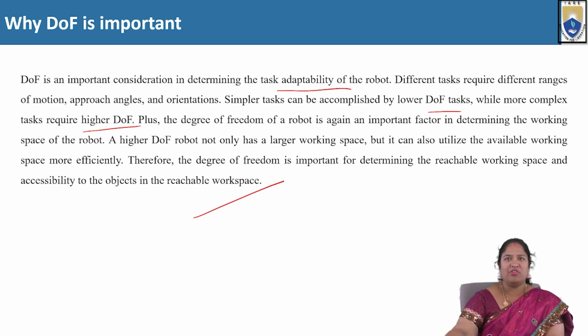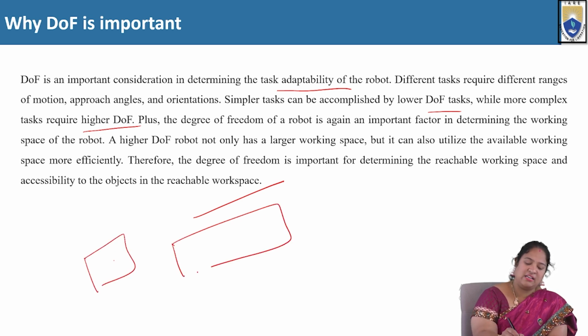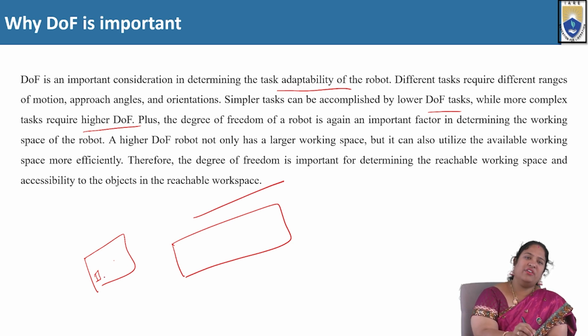Plus, the degree of freedom of a robot is again an important factor in determining the working space of the robot, right? For example, we have a small industry and a large scale industry. In a small scale industry, if we have a robot with a higher degree of freedom, can it accomplish the work over the overall space? No, it cannot be applicable.